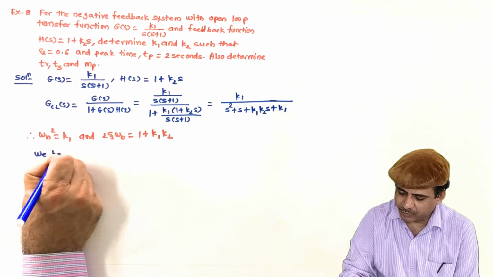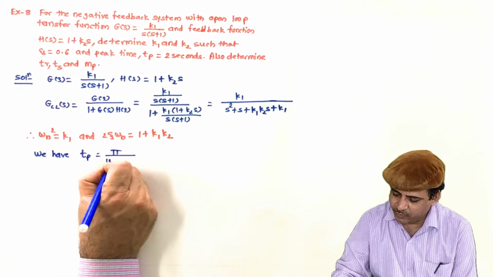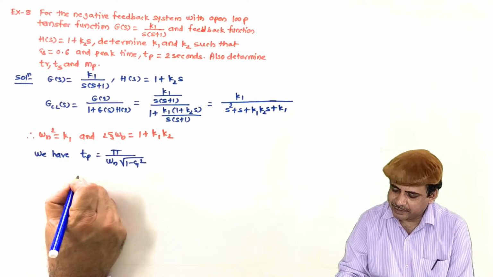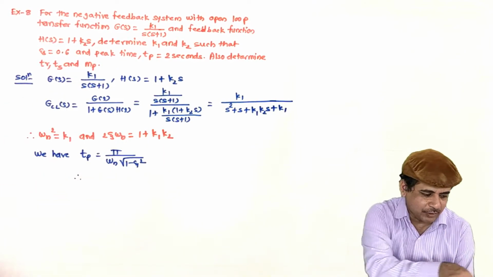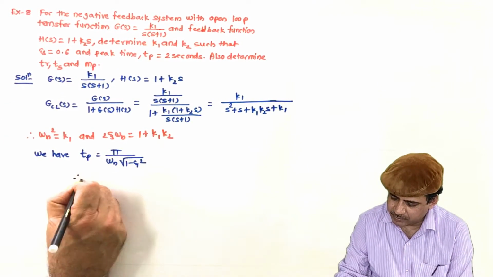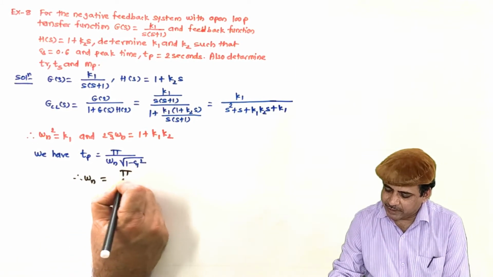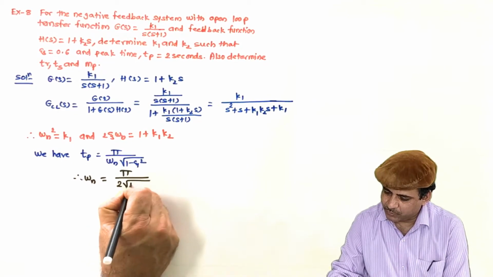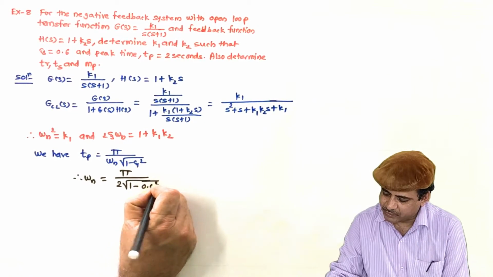So we have Tp equal to pi by omega d, which we will write as omega n into under root 1 minus zeta square. Zeta is given but omega n is not given, so we will find out omega n here. So omega n is equal to pi by Tp into under root 1 minus zeta square, where Tp is 2 and zeta is 0.6, so 0.6 square.